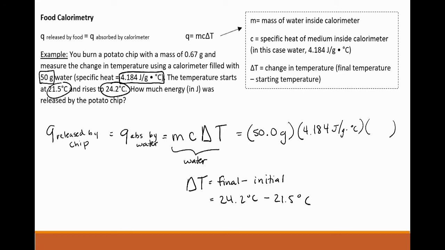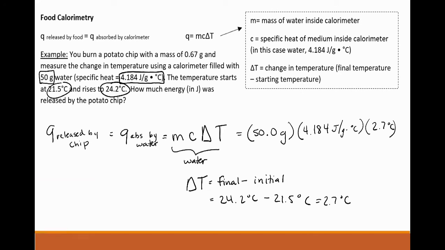And so the difference between those will tell us by how much the water was warmed. When you solve that out, you get a temperature change of 2.7 degrees Celsius. And so that's what goes in for our delta T.